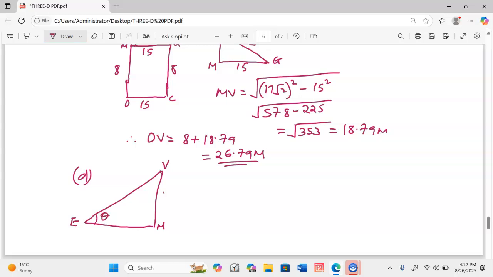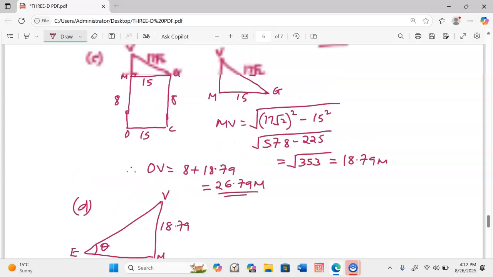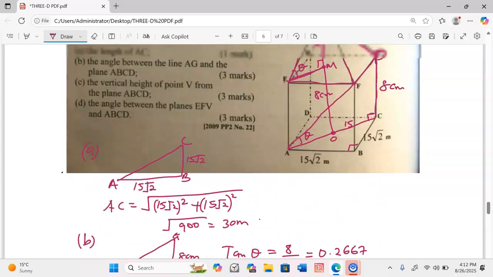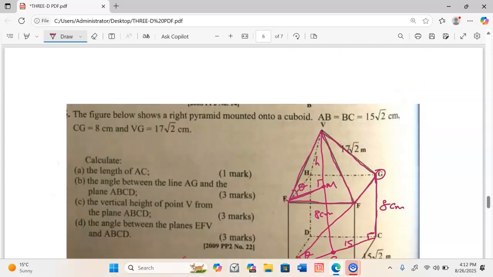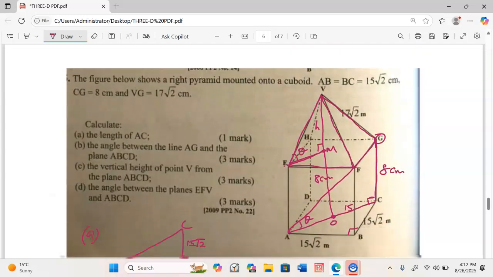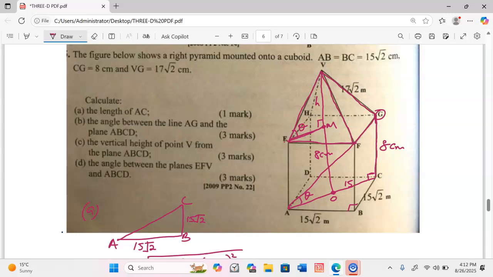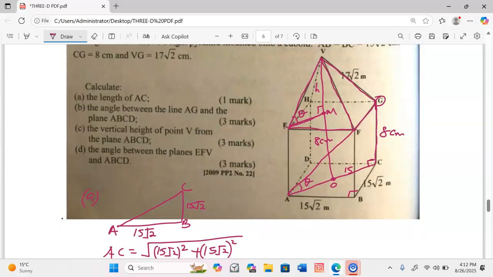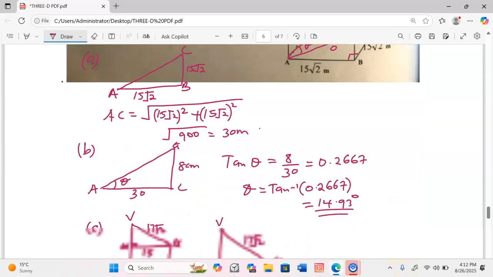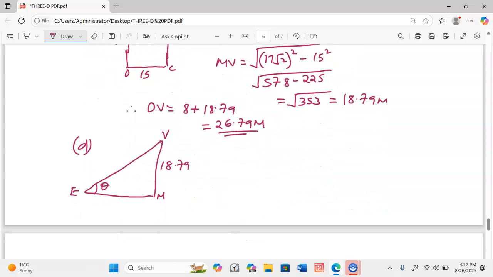Remember, MV is 18.79 and EM is half of EG, and EG is equal to AC. That means EM is going to be half of 15 root 2, giving us 7.5 root 2. So EM is 7.5 root of 2.